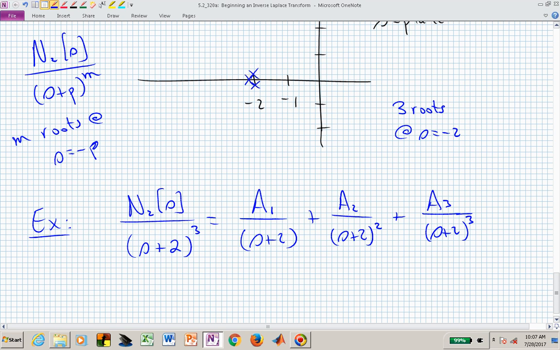So we have to now include this sequence of pole factors that go all the way from first order s plus 2 to the second order s plus 2 squared up to the power of that particular factor, or the number of those roots at that particular repeated pole location. In this example, it was 3, so we would now have s plus 2 raised to the third power.